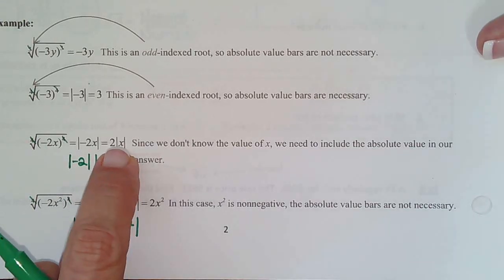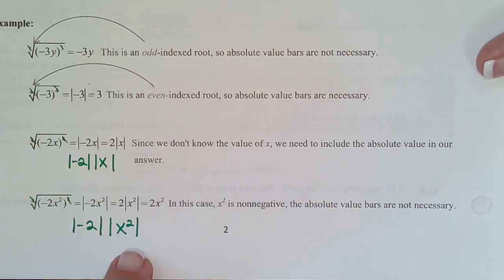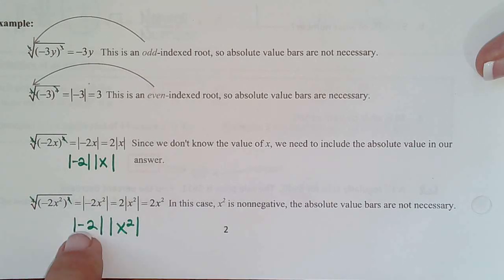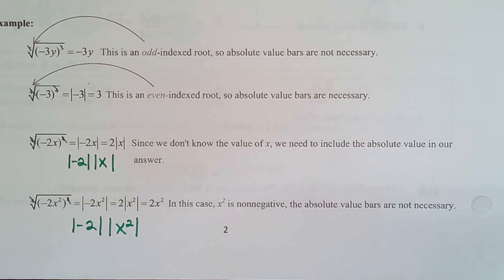That's why we had to leave it in absolute value. But x squared's always positive. So why would we need it in absolute value? We don't. And the answer does have to be completely simplified in order to get it correct. So the absolute value of negative 2 is 2. The absolute value of x squared is x squared because it's already positive, so absolute value signs are not needed.